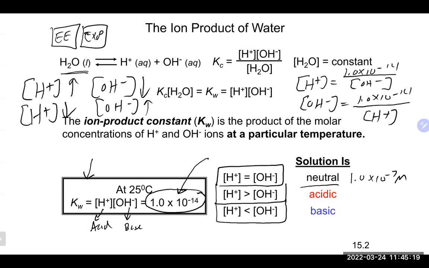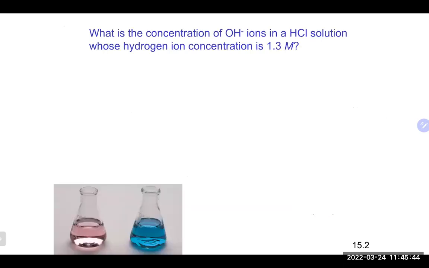If the H plus concentration goes down, my solution now has a lot more OH minus in it, and we would expect it to be basic. If the OH minus concentration drops a lot, the H plus concentration should rise, and it should be more acidic because you have a lot more H pluses floating around. So they really do go opposite of each other. As one goes up, the other one goes down.